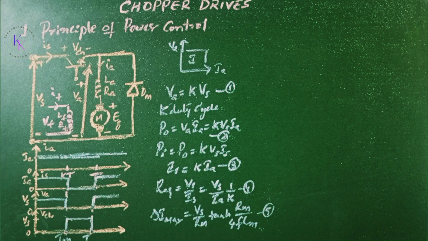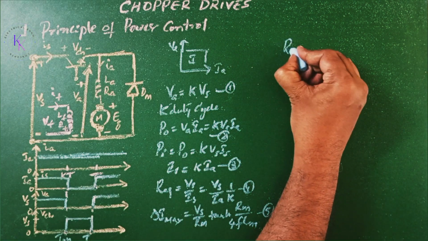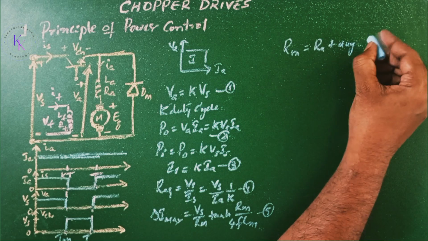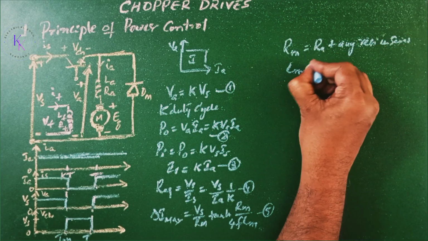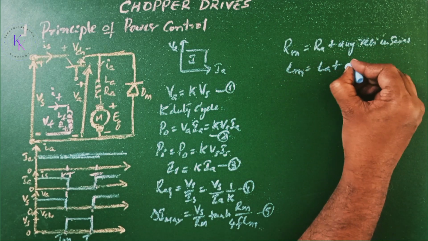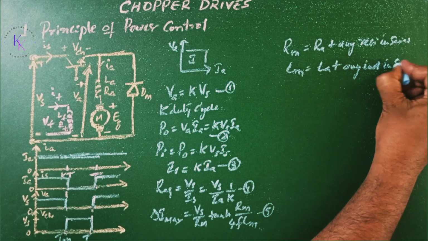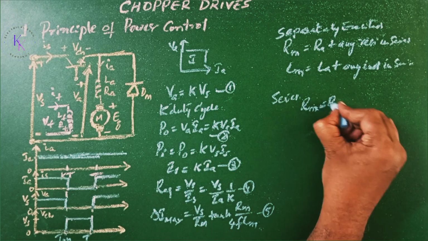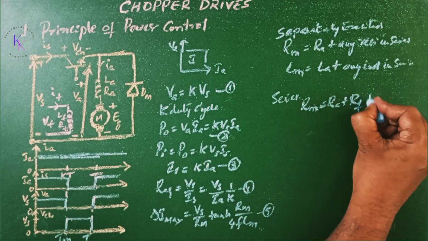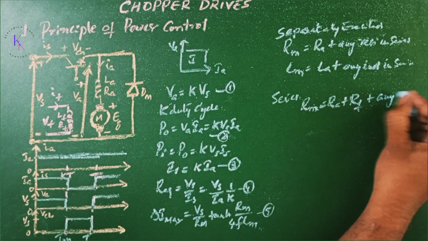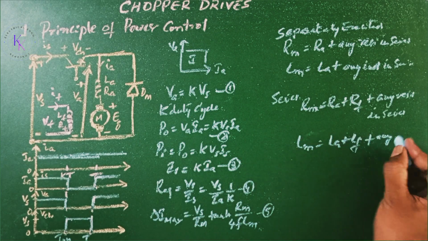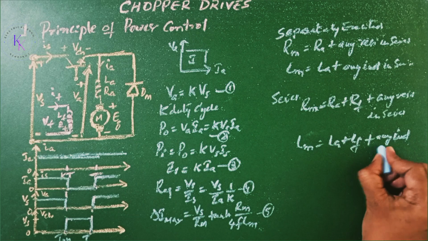For a separately excited DC motor, Rm equals Ra plus any resistance in series, and Lm equals La plus any inductance in series. For a series motor, Rm equals Ra plus Rf plus any resistance in series, and Lm equals La plus any inductance in series.